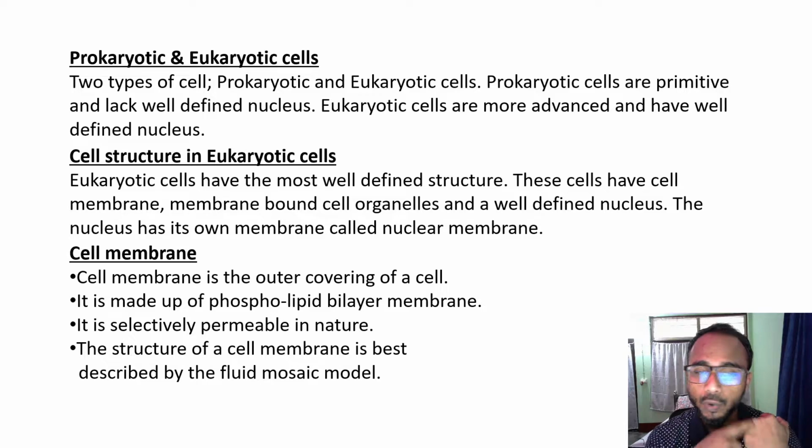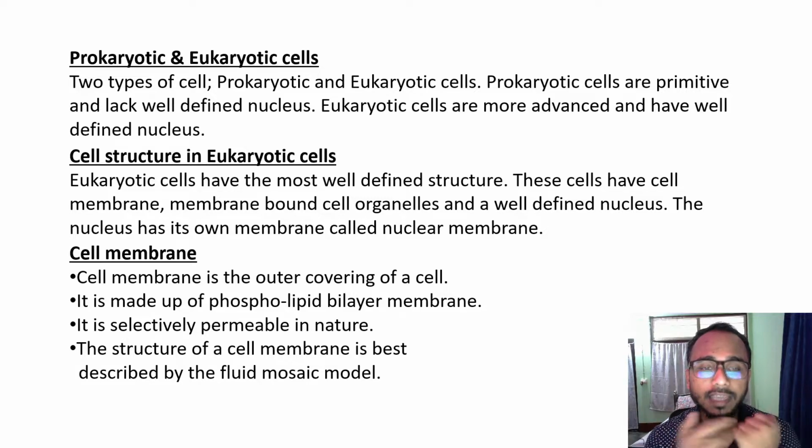Okay, but if I don't cut my skin, if the skin is intact, then what happens? Sweat comes out. So normally the cells of the skin allow only certain things to come out. That is, they will allow only sweat to come out. Only water, in the form of sweat, will come out, and nothing else.